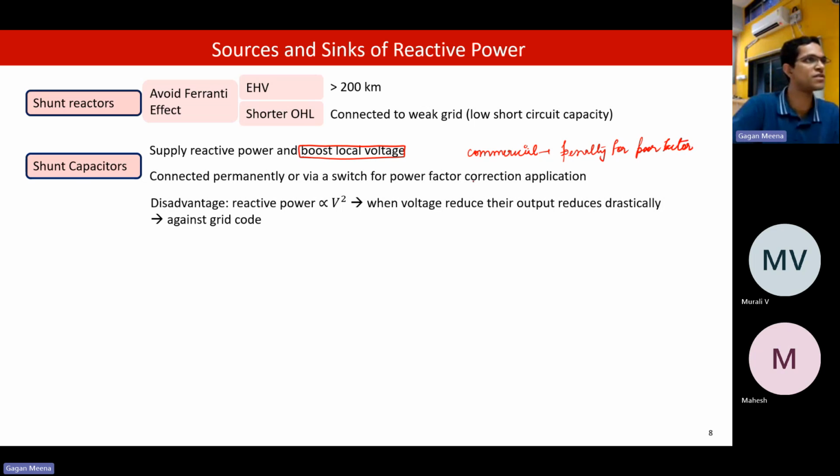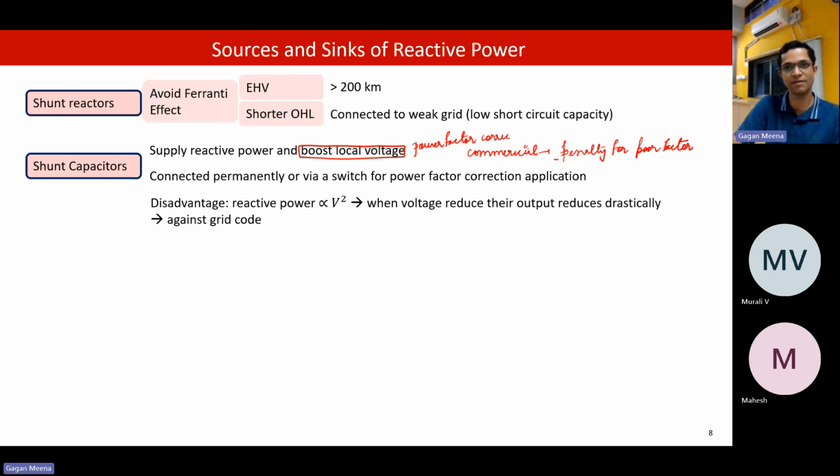If the power factor goes down, that means they are drawing more reactive power, then they have to pay for that also. There is a penalty for that. To avoid that, they will install these capacitor banks and boost the voltage at their point by supplying the reactive power. That is, it is mainly used for power factor correction.